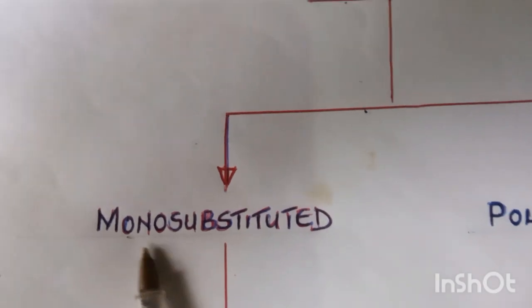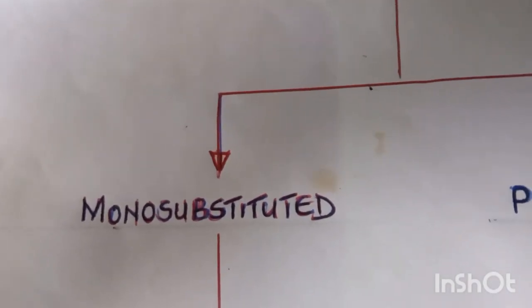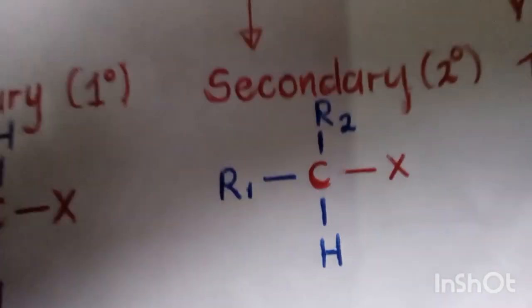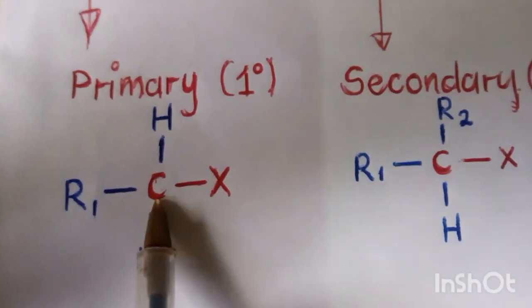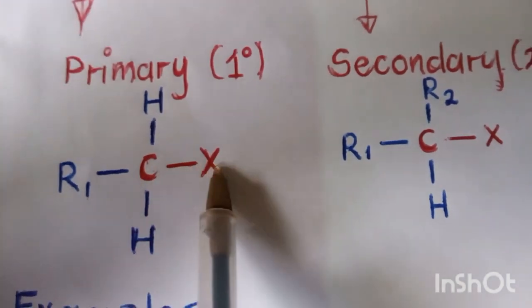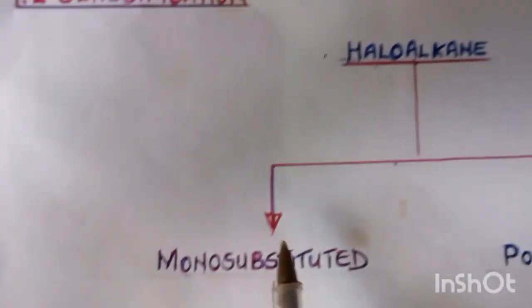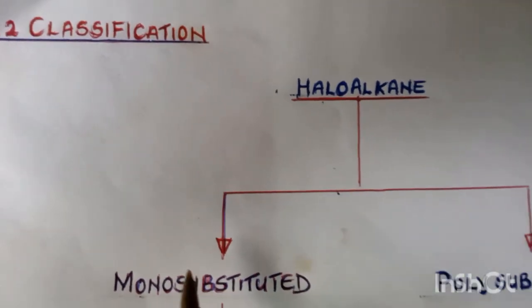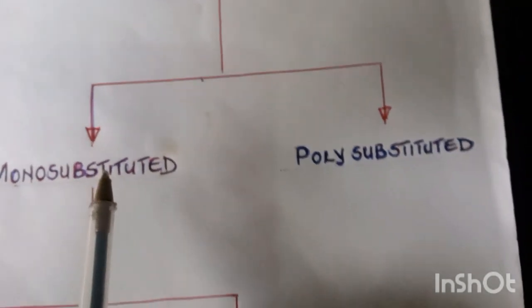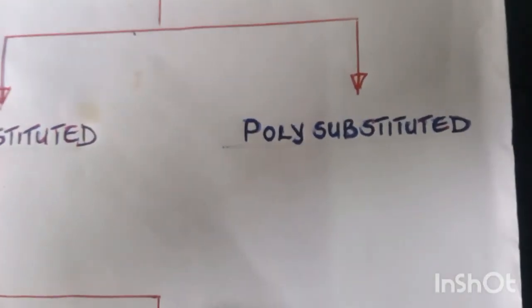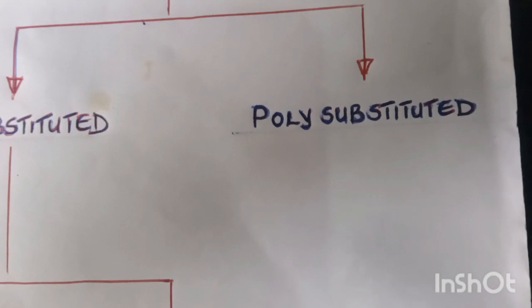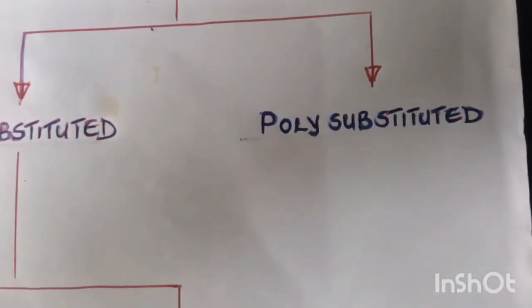All these are monosubstituted as long as there's only one halogen to carbon bond in the molecules, then they are known as monosubstituted haloalkanes.